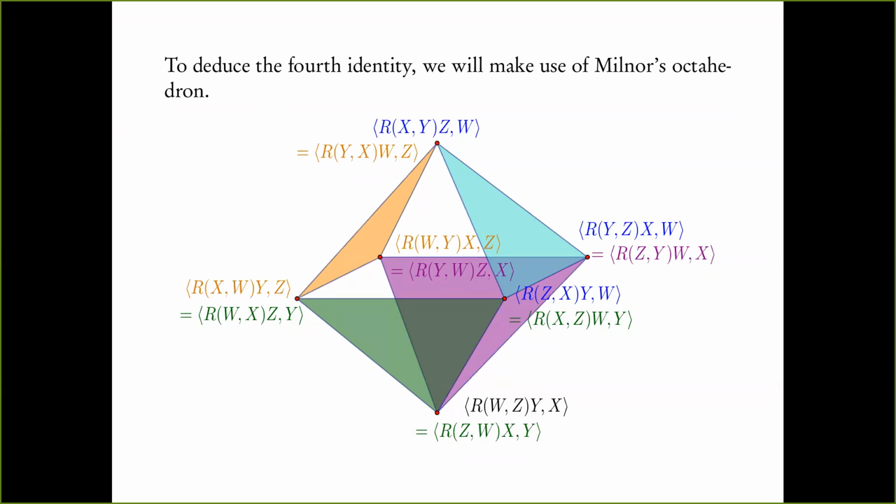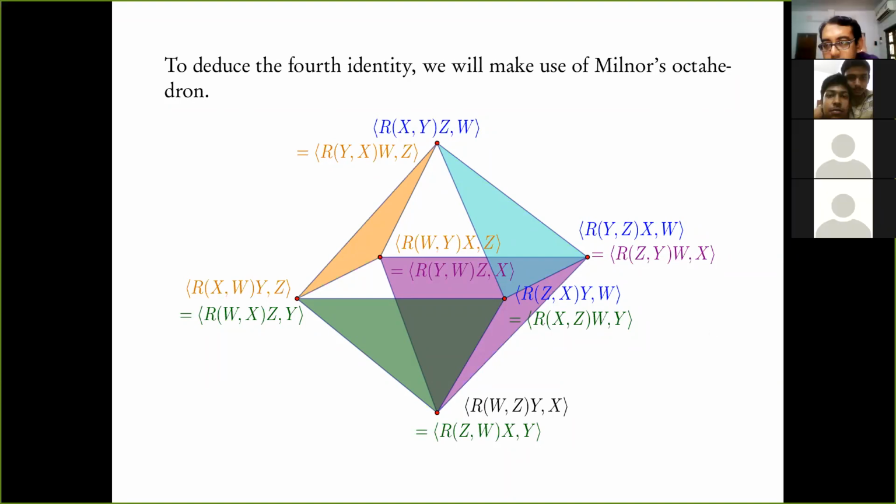The rightmost vertex is R of yz acting on x inner product w. And the other vertex of this turquoise triangle is R of zx acting on y dot w. Can everybody follow what I'm saying along with the picture? Yes.